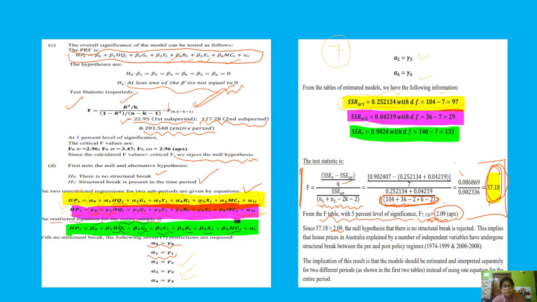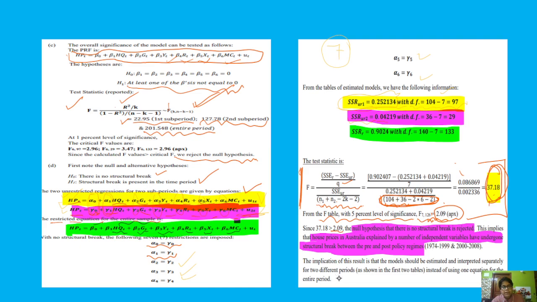So the null hypothesis that there is no structural break is rejected because we have found evidence against the null hypothesis. This implies that the housing prices in Australia, explained by a number of independent variables, have gone through changes or a structural break between pre and post policy regimes.